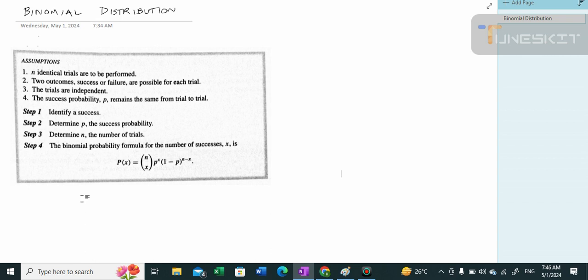Similarly, if we would like to redefine it with equally likely outcomes, we can define that if an even number occurs, then we call it a success. If an odd number occurs, we call it a failure.